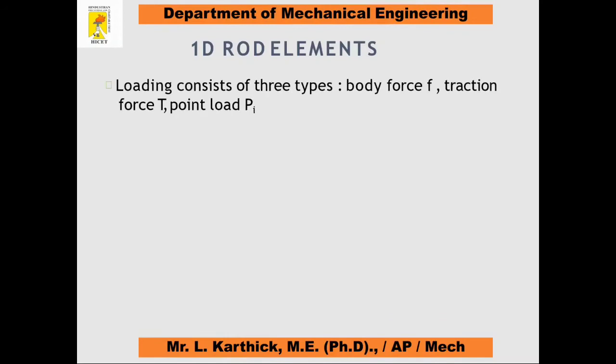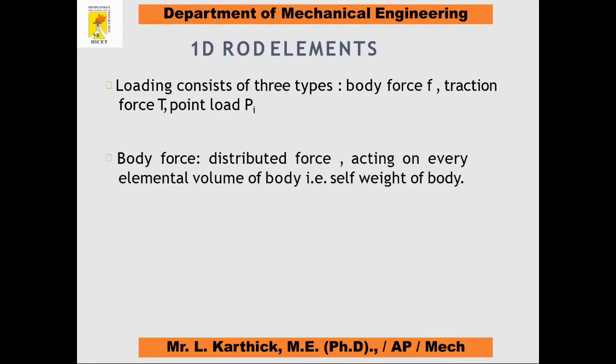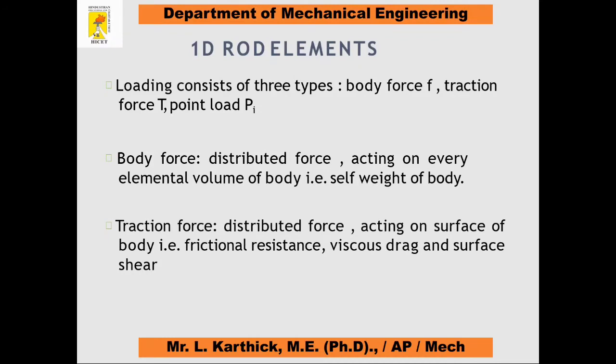Let me talk about force. Here, different kinds of force are used in the materials: body force, traction force and point load. Body force is a distributed force which is acting on every part of the body. Otherwise it is called the self weight of the body. The next one is traction force.